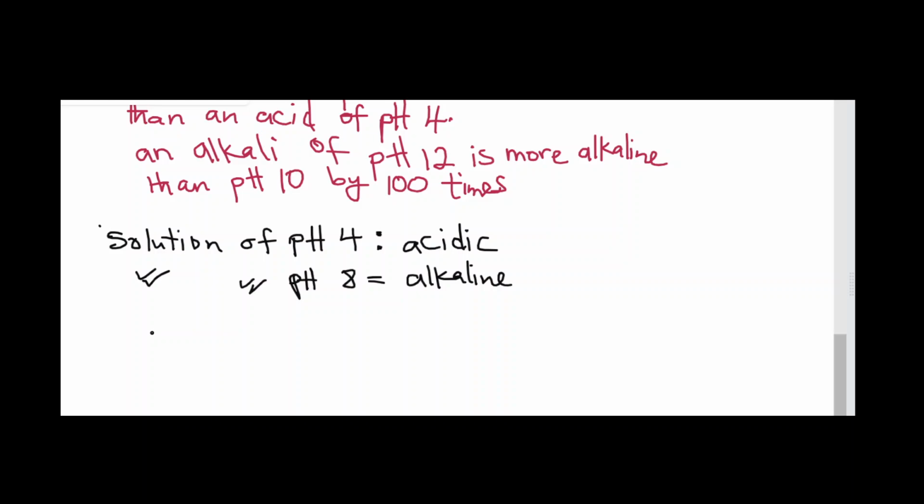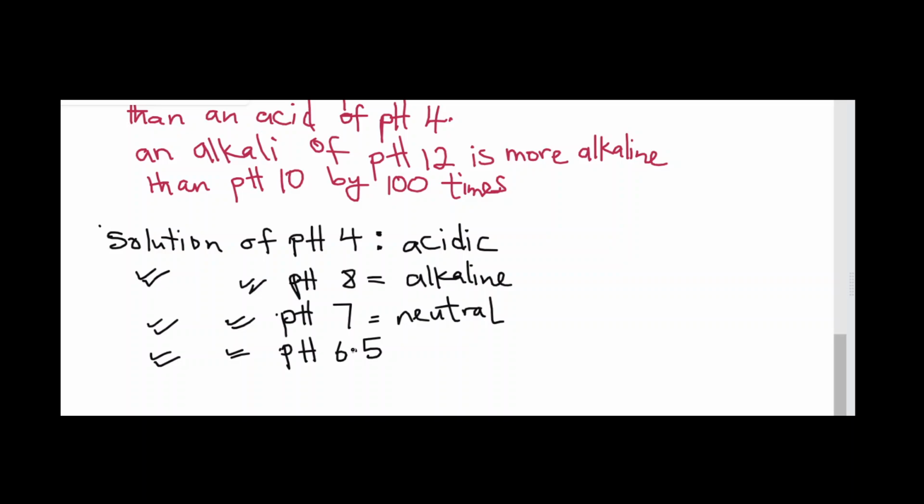Okay? Water, a solution of pH exactly 7, that is neutral. Okay? And one example is often water. And then a solution of pH, let's say 6.5.